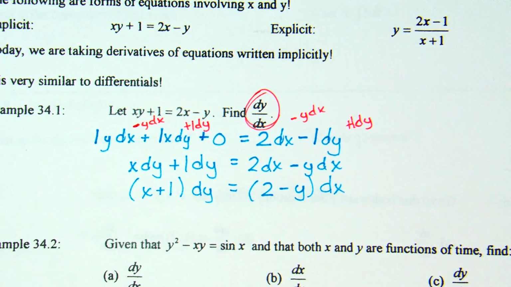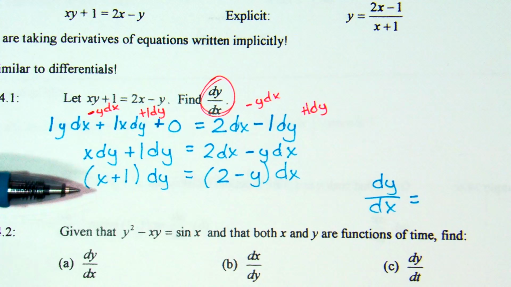My goal is to have dy dx equals. So, on the left, I already have the dy. What do I need to move over underneath that dy? Dx. So, we're going to do several things here.